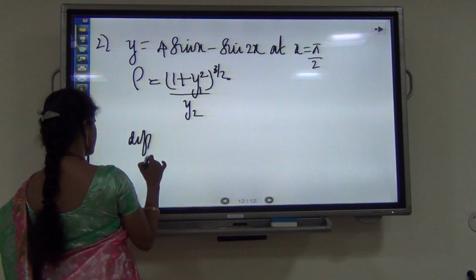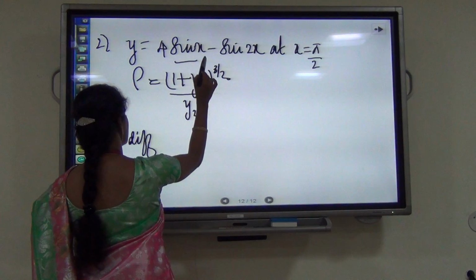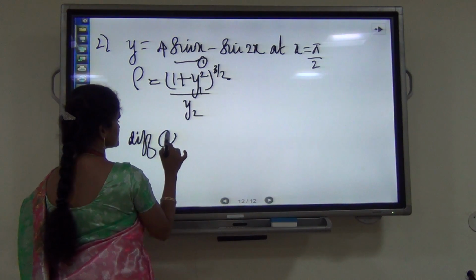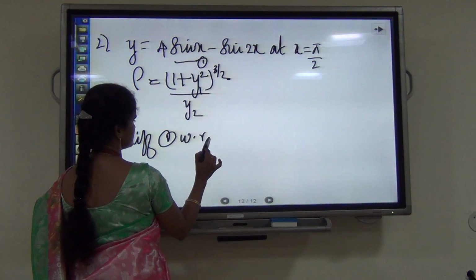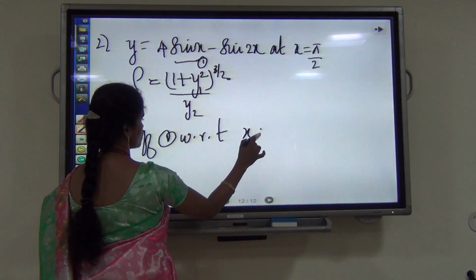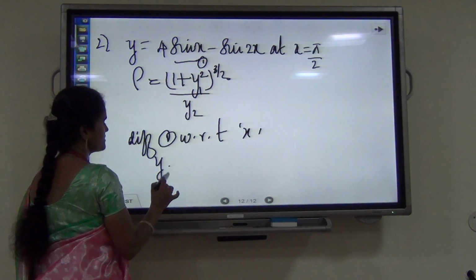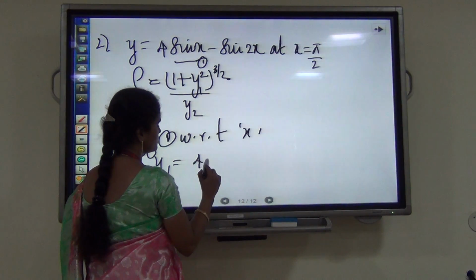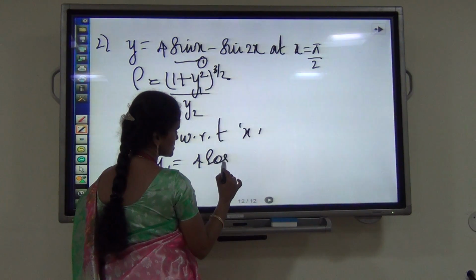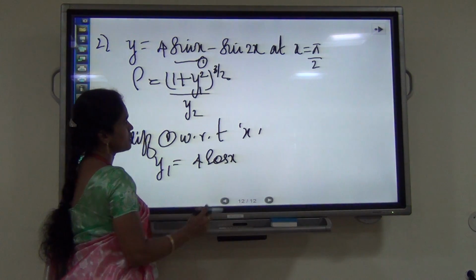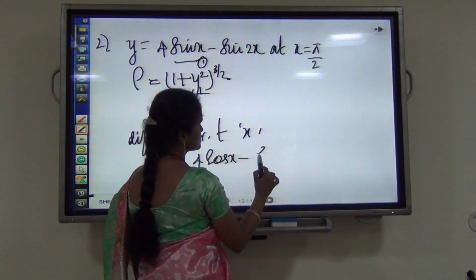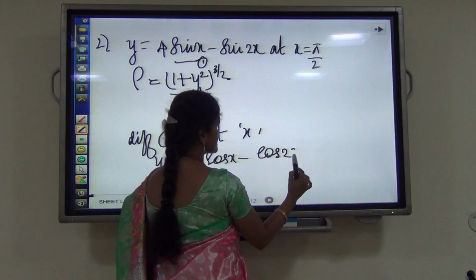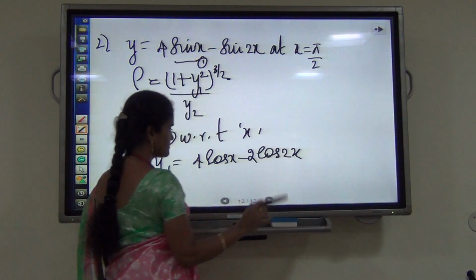You can name the given curve as first equation and differentiate it with respect to x. What you get is y1 is equal to 4 cos x, since 4 is constant and the differentiation of sine is cos, minus cos 2x into 2, multiplied with 2.